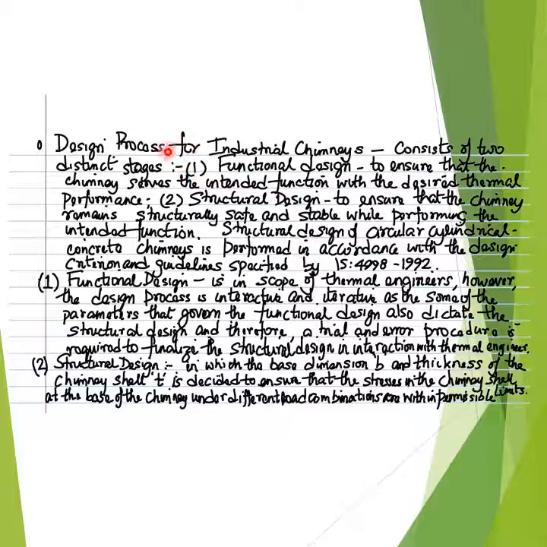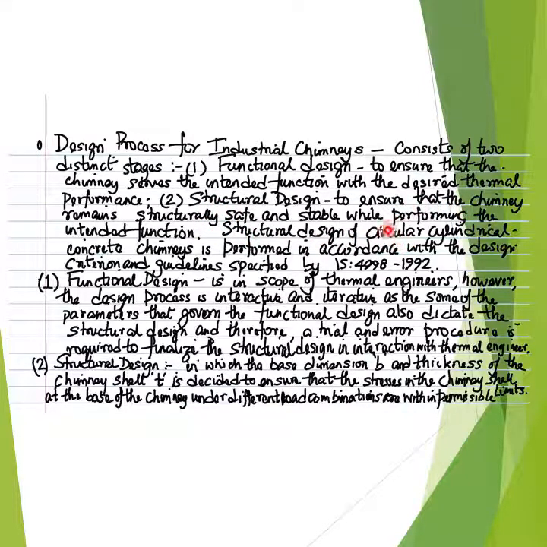And two, that is the second stage of the design process for industrial chimneys, is the structural design stage, in which the objective is to ensure that the chimney remains structurally safe and stable while performing the intended function mentioned earlier.